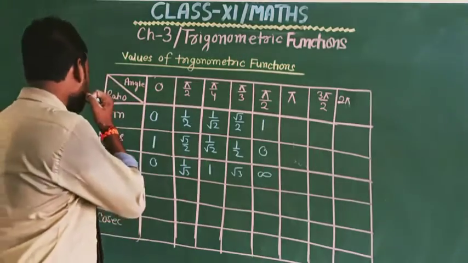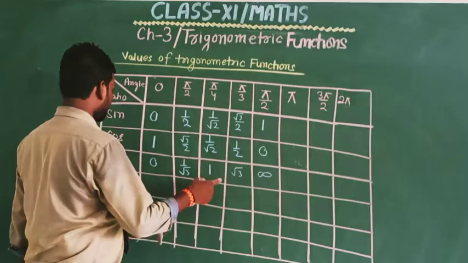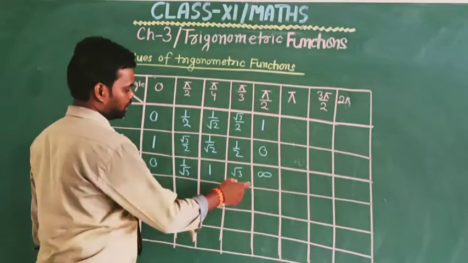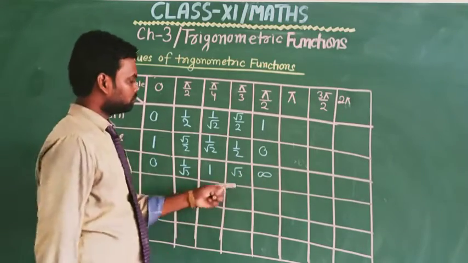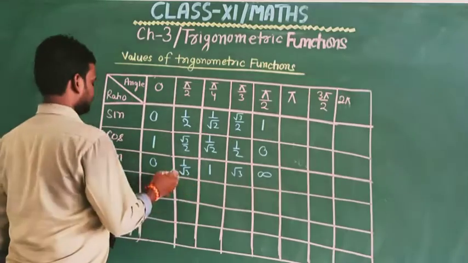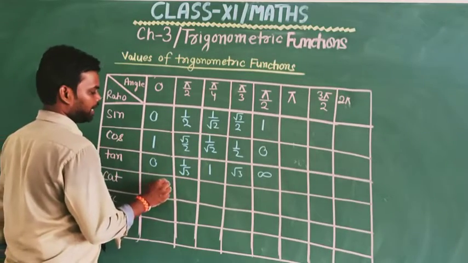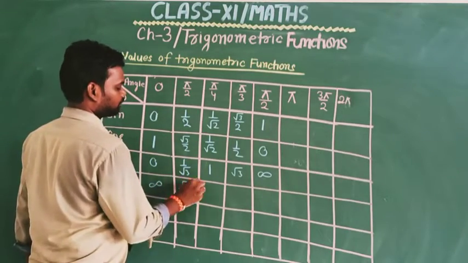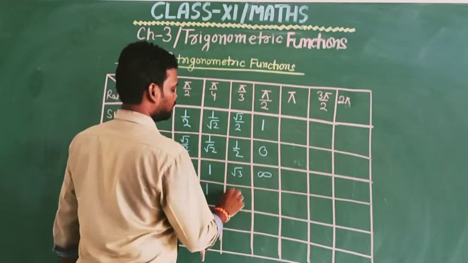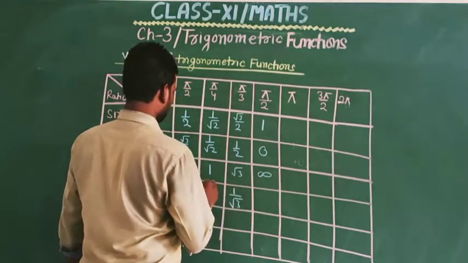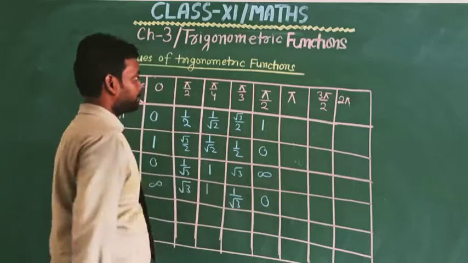And the same for cot, which is the reciprocal of tan. So this is undefined, root 3, 1 by root 3 and 0.